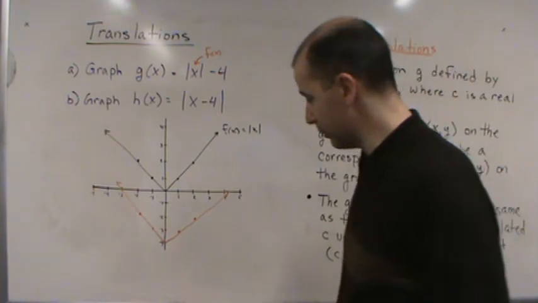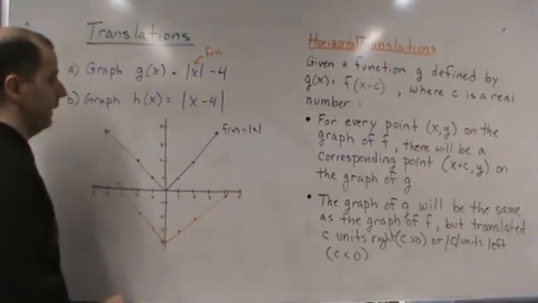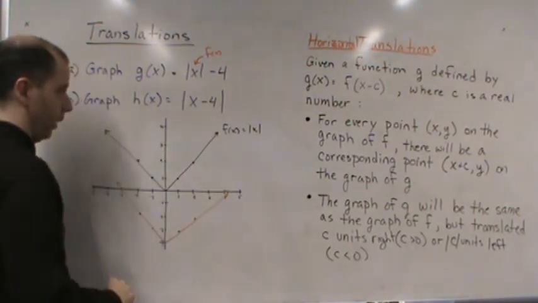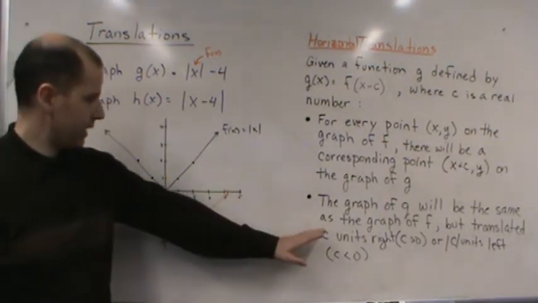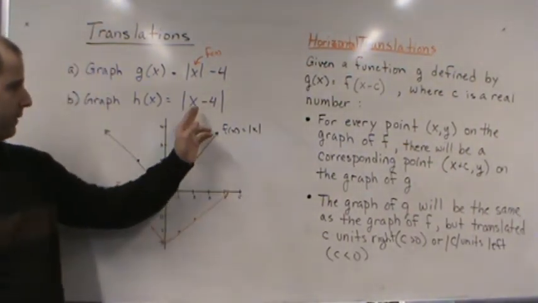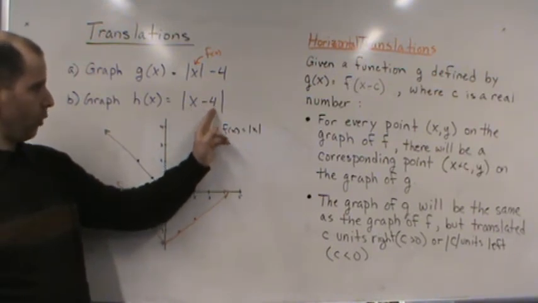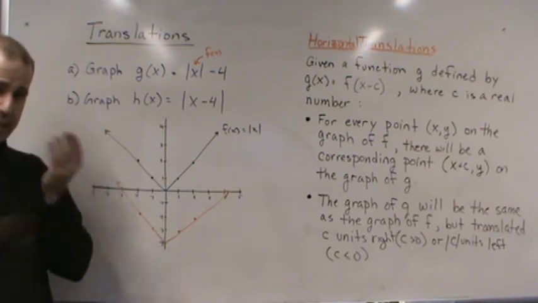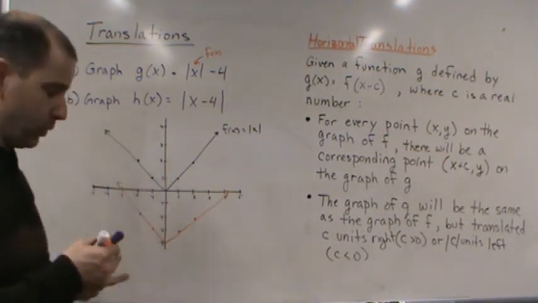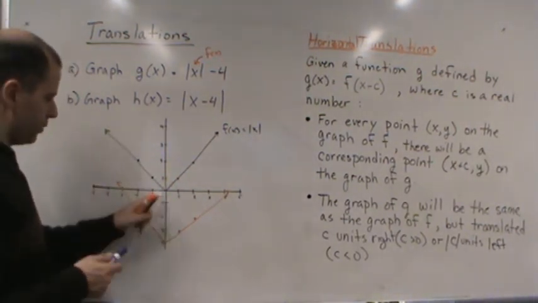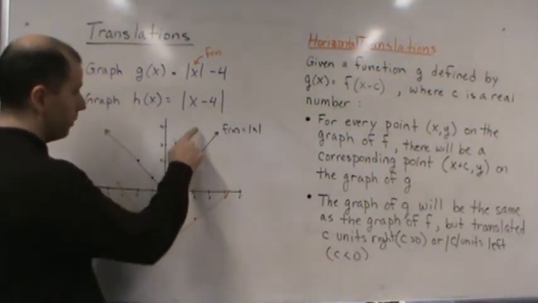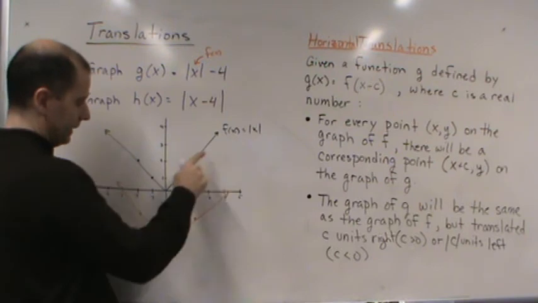Okay, so let's see what that looks like. In here, I have x minus 4. If you take what this is saying, I'm subtracting off 4, which means I'm moving 4 units to the right. But let's see what that looks like algebraically. Here's where we start. Normally, it's at 0, 0.